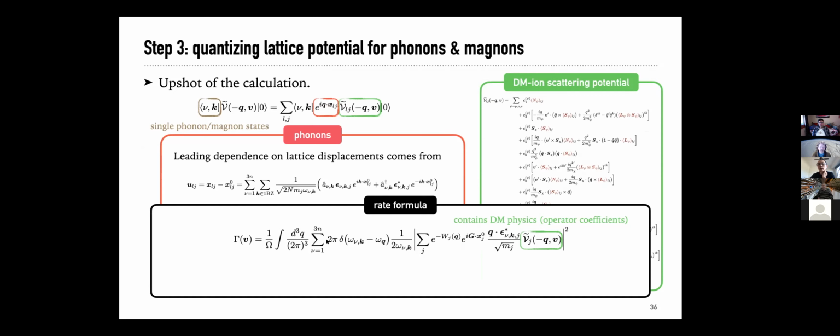So the branch basically tells you how many degrees of freedom there are. So if it's a monatomic crystal, there's just one branch. So there are 3 branches because each atom can move in 3 directions. If it's diatomic, there are 6 branches. So this is why it runs from 1 to 3n, where n is the number of ions per primitive cell.